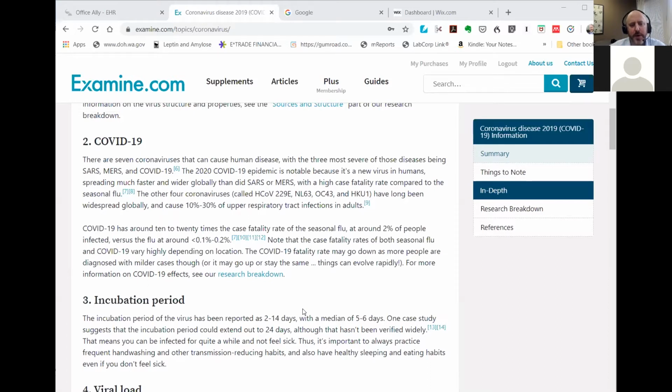COVID-19 has been spreading faster than SARS and MERS, but it doesn't have as high a mortality as these other viruses. I just want to point out that there were some previous coronaviruses that had higher mortality than this last one, but this one has spread faster.